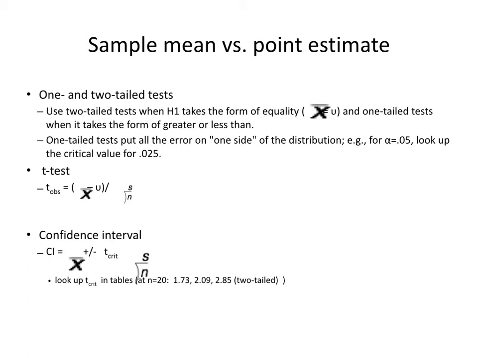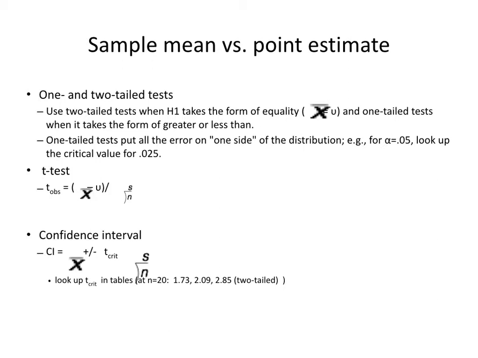And x bar is your sample mean. So the t-test is the difference between those two, x bar minus mu, divided by the standard error of the mean. So that's s over the square root of n. So the numerator is the difference between what you observed in the sample and what you hypothesized, mu, and the denominator is s, the standard deviation of the sample, divided by the square root of n, the size of the sample.